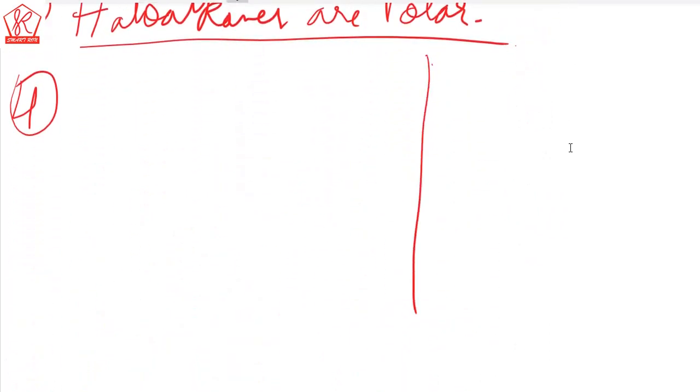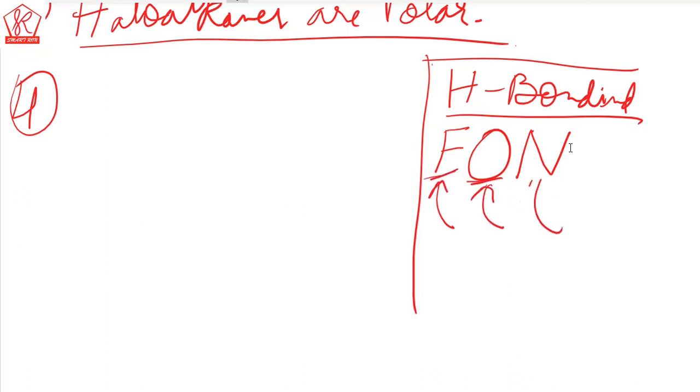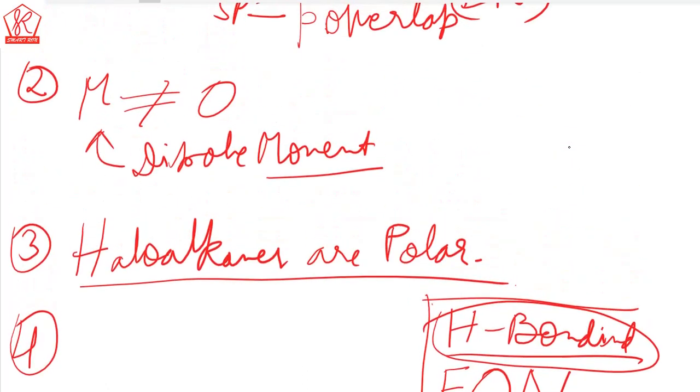Those of you who don't know about hydrogen bonding, let me tell you that hydrogen bonding is possible only and only if there is a presence of FON. That means if the compound has fluorine or oxygen or nitrogen, then there is a possibility of hydrogen bonding.